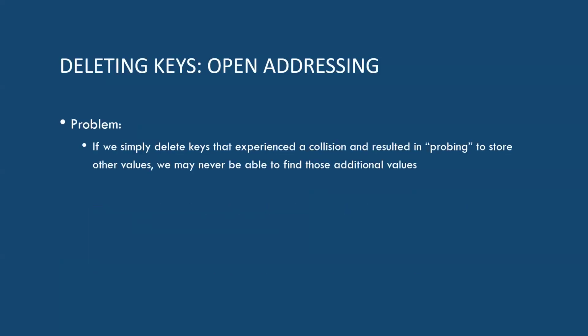In the open addressing scenario, when we delete a key, it creates a unique problem. If we just remove the key from our bucket, then it leaves a gap that could undermine our ability to find other values that probed over the top of those things that have now been deleted.